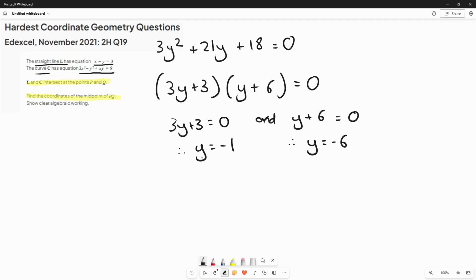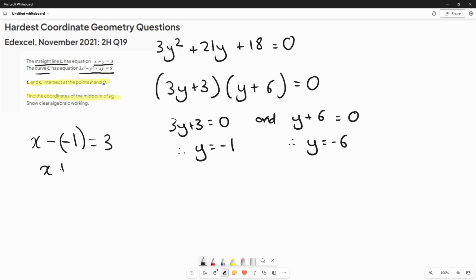So we've got the two different values for y, and now we want to find the corresponding x values for both of these y values. We're going to substitute these values into one of the equations. The easier equation to use is the linear equation, because it'll just pop out an x value. So we put x minus 1, because remember that is our y value, equals 3.